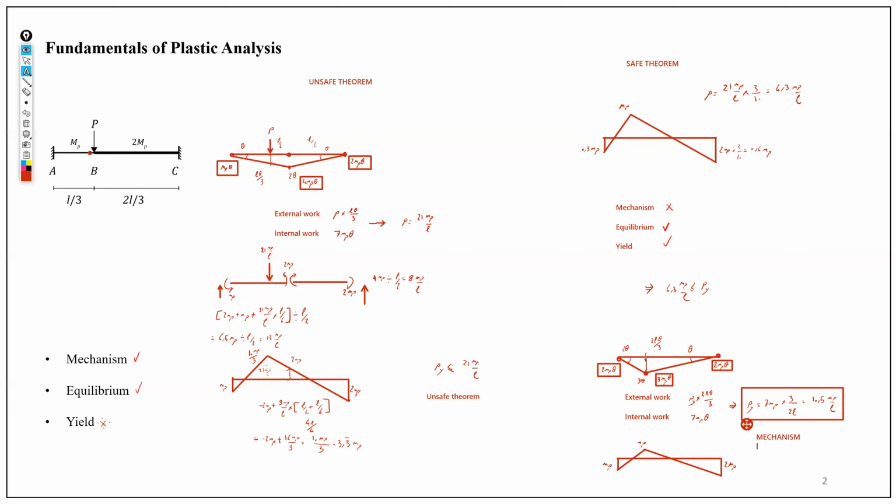We are satisfying this equilibrium equation. Based on that, we found the internal actions, and it holds for all points of this. And also, having obtained the reactions, we can be sure that we are satisfying the yield condition. Therefore, this is the true mechanism, and it's our unique answer.